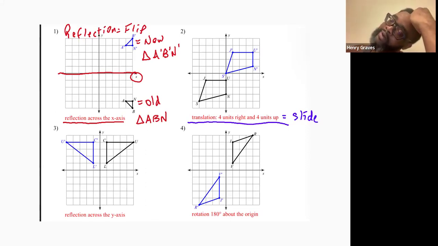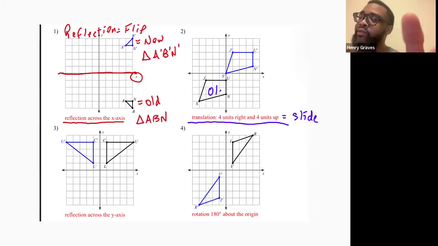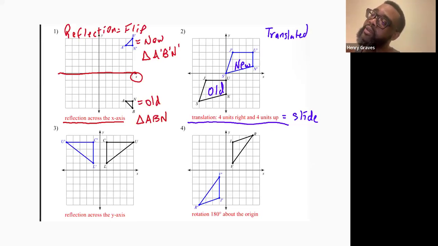This one here in black is the old, and this is the new. And it says it translated 4 units. In fact, let me write it up here in purple. Translated 4 units right.